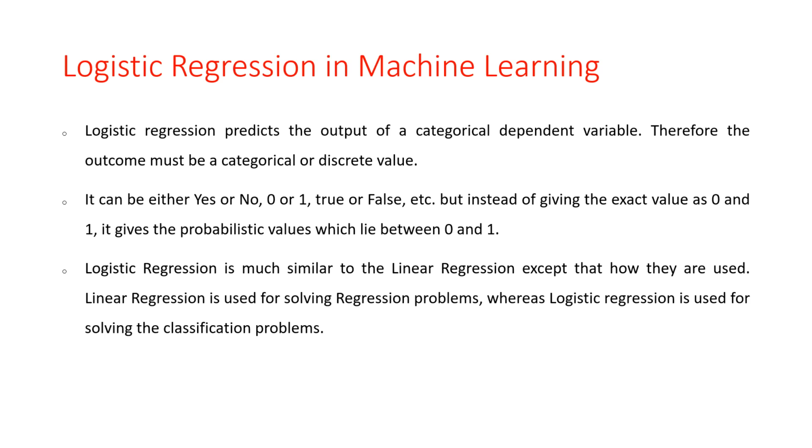So logistic regression is much similar to linear regression, except in how they are used. Linear regression is used for solving regression problems, whereas logistic regression is used for solving classification problems.